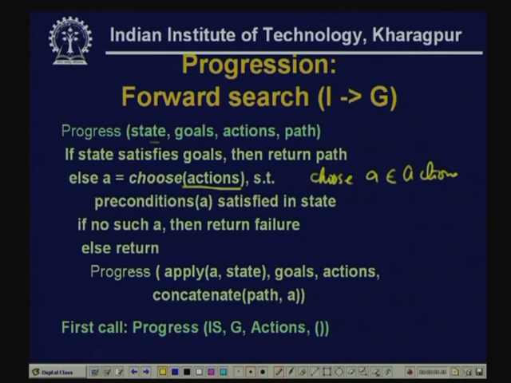But if such an A exists, or if more than one such A exists, for each such A we get the next state by applying the action A to the current state S. Then the goals remain the same, the actions remain the same, and the path is augmented by adding the current action. So, this is a recursive formulation of the forward planning algorithm. And the first call is progress, initial state, G, actions, and an empty path.